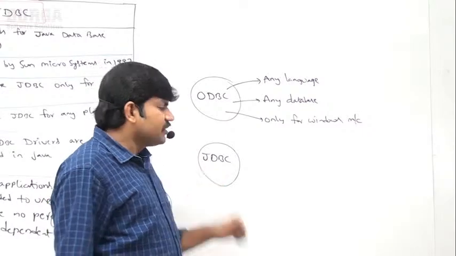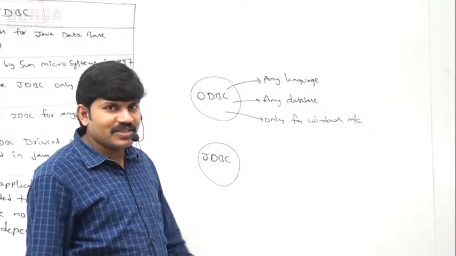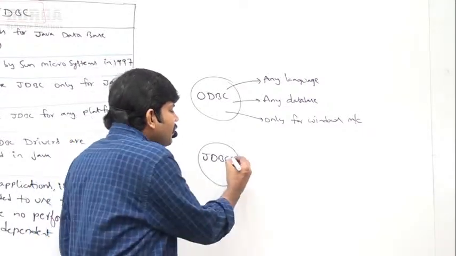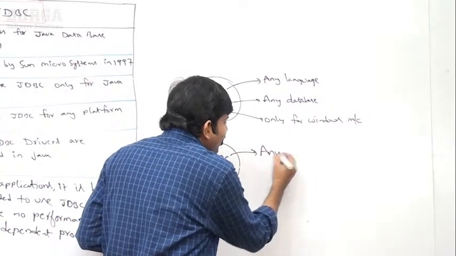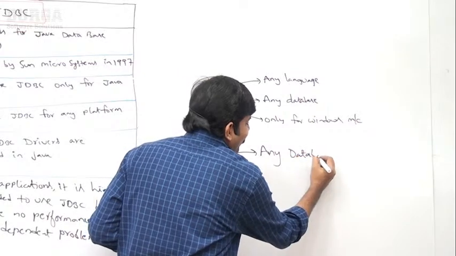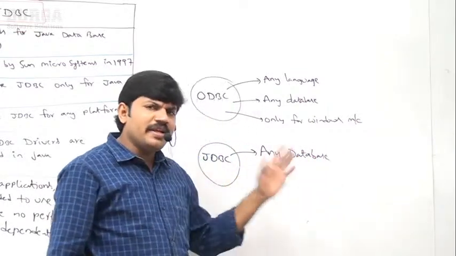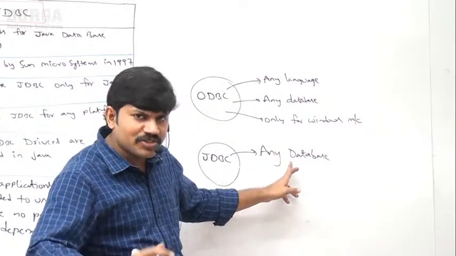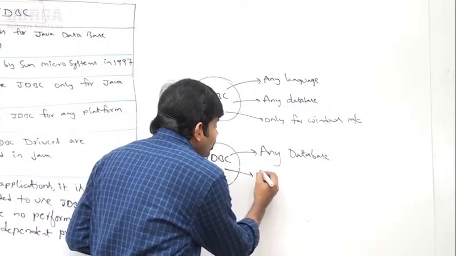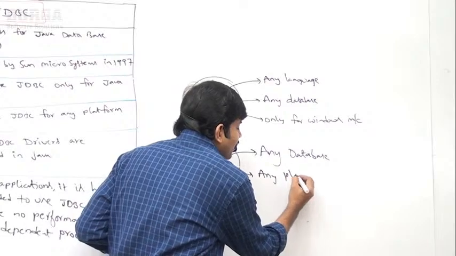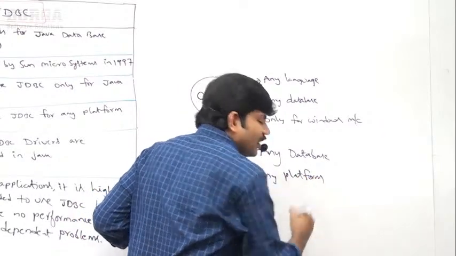In the same way, the JDBC concept, sir. JDBC is applicable for any database. You can use it for Oracle, MySQL, Sybase, DB2, any database. The JDBC concept you can apply for any platform, sir.